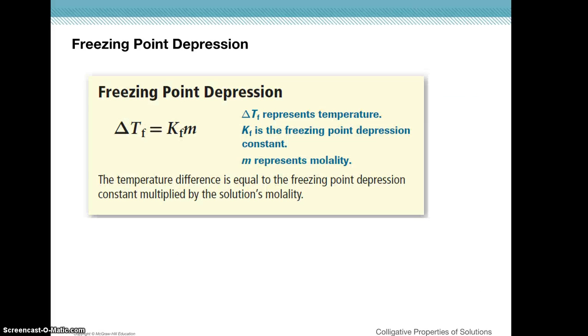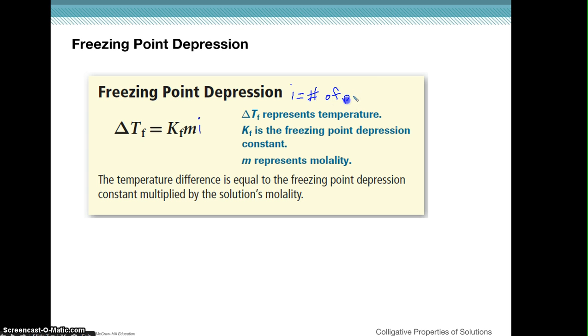Okay? So again, we have our formula here, this time delta TF, the change in the freezing point, equals the KF, the constant, times the molality, and again we're going to add one more variable, I, and again I is the number of particles.